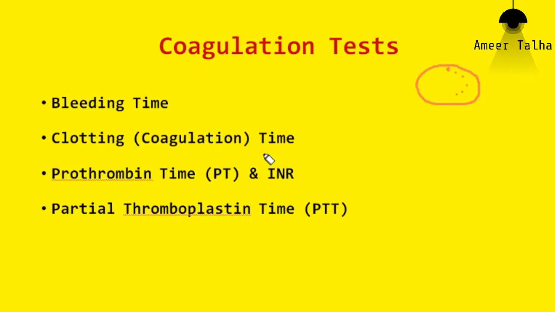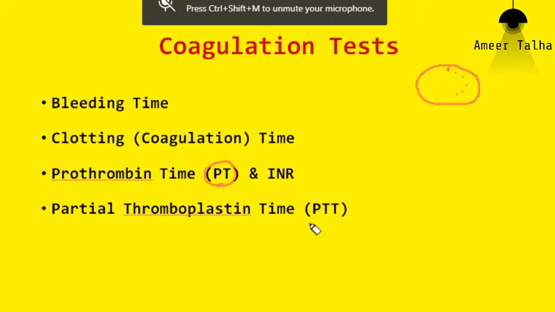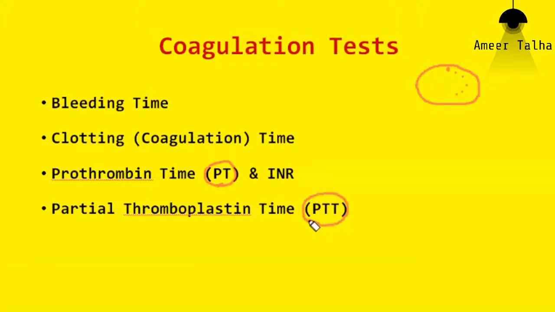Coagulation time is determined by the capillary tube method, and the normal clotting time is around 6 to 9 minutes or 6 to 10 minutes approximately, and it is the time from the onset of bleeding till the formation of fibrin fibers, right? Then we have two further tests: PT, prothrombin time, and PTT, partial thromboplastin time.